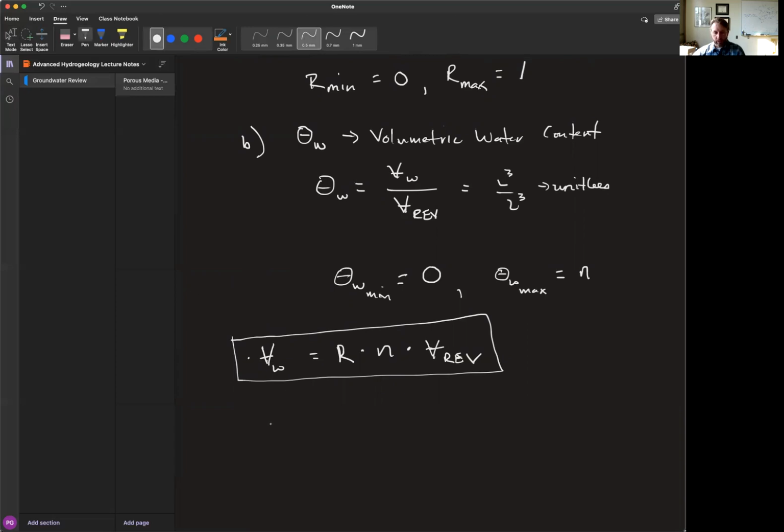Okay, so this is a way to calculate the volume of water. Oftentimes, we might be interested in thinking about the mass of the water. So this is the volume of water in porous media.